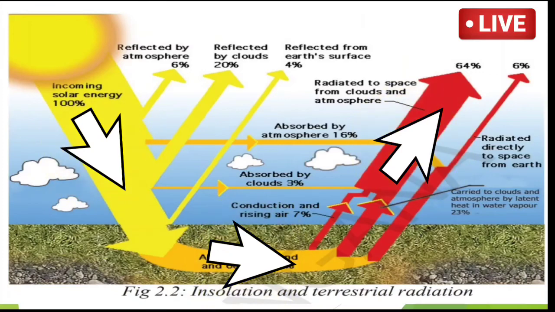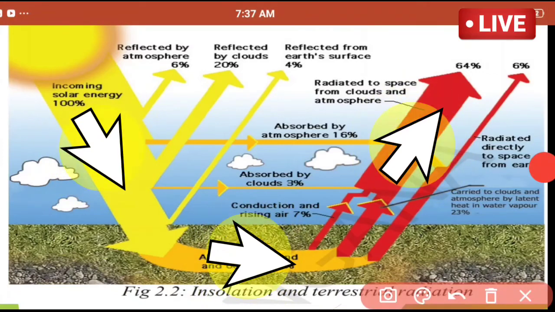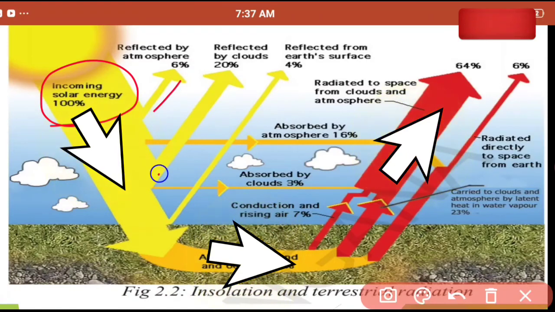Here, my dear children, observe where the sun rays are falling over a very short distance, that means the equator. If you observe the incoming solar energy of 100%, here 6% is reflected by the atmosphere, 20% is reflected by the clouds, and 4% is reflected by the earth surface.